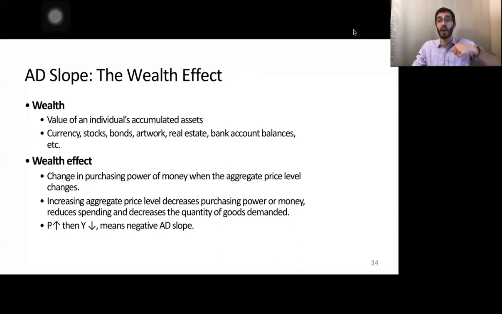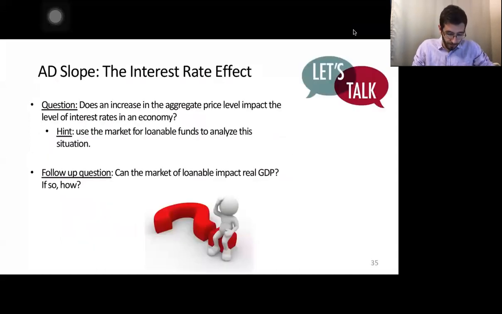Given that the price level goes up but your income stays constant, the purchasing power of your income goes down, which means that as the aggregate price level goes up, I will demand fewer final goods and services, because I can't buy as much given the purchasing power of my money, of my wealth, which went down. So that's the first idea.